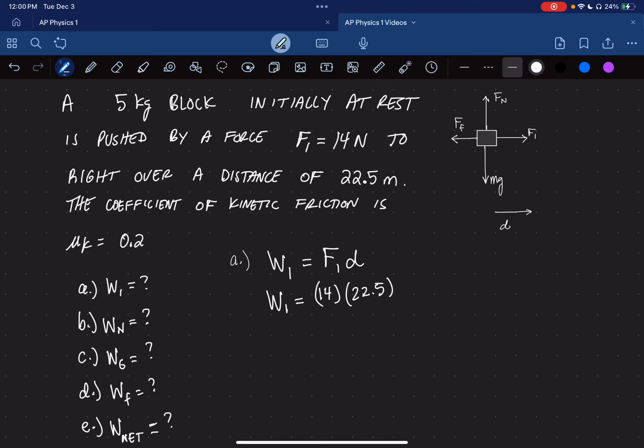Grabbing a calculator, this is 315 joules of work done by the force F1.